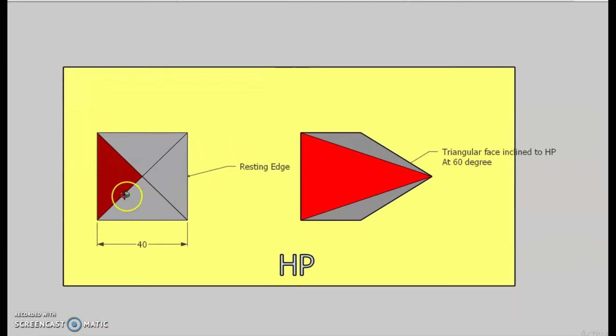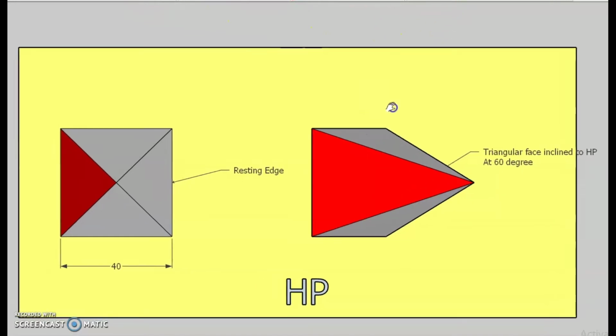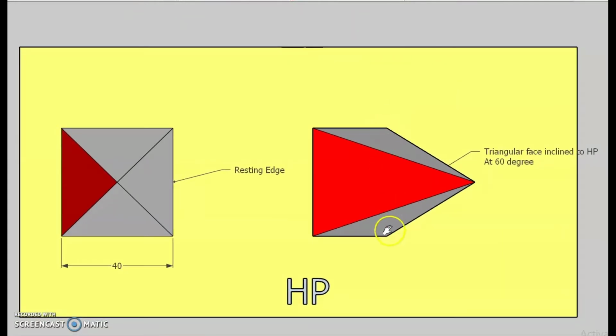So here this red color triangular face is clearly visible. This one and this one are also visible. Now what will be hidden? So here this base edge is not visible, which we have to show by a dotted line.